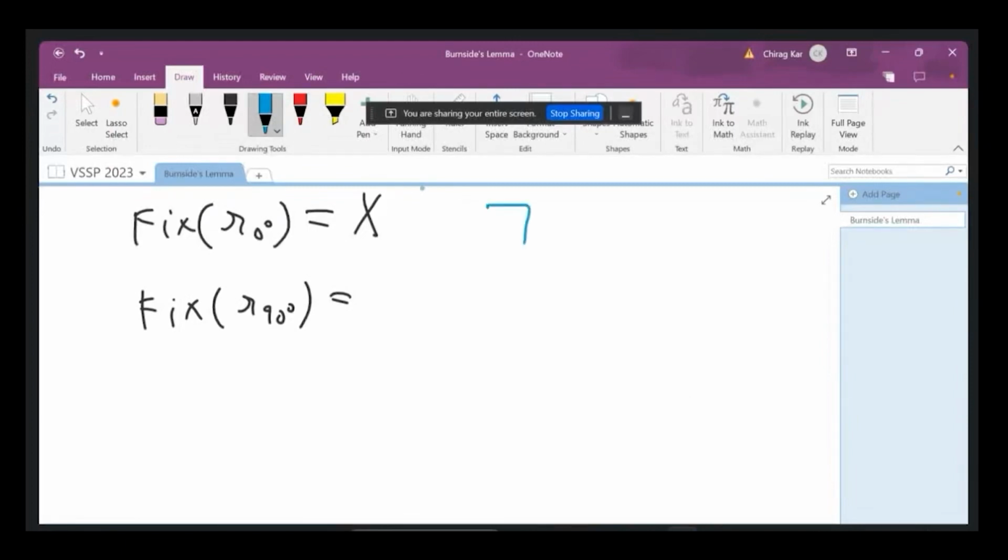So, for example, if you have one side which is like this and I rotate it by 90 degrees, this is what happens. These two are not the same elements. So I wouldn't count this one; it is not fixed by this guy.